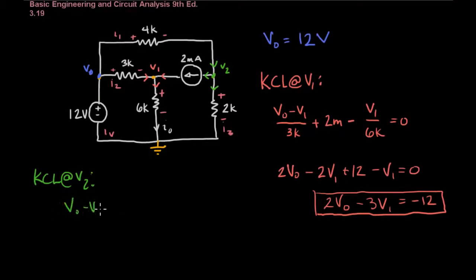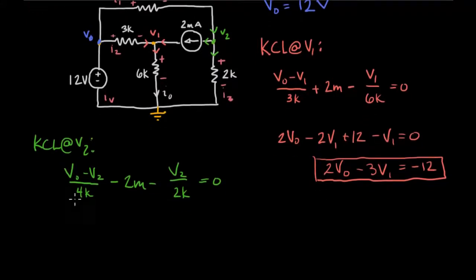V0 minus V2 divided by 4K. And then the other ones are leaving the node, so we put a negative value in front of them: negative 2m and negative V2 over 2K. This is all equal to 0.